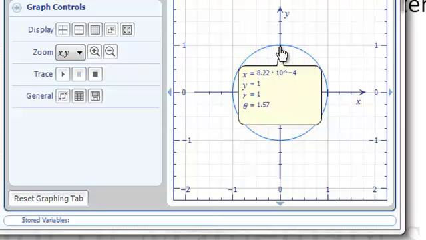Yes, this is the point (0, 1). X is 0. It doesn't look like 0. It looks like 8.22 times 10 to the negative 4th. That's just a very small number. 0.000822. And this theta of 1.57, well, that's pi over 2.